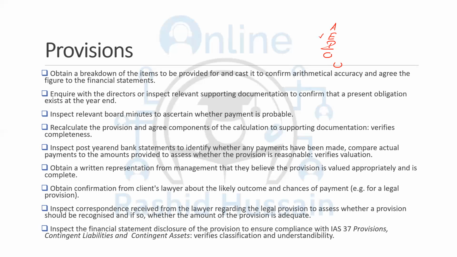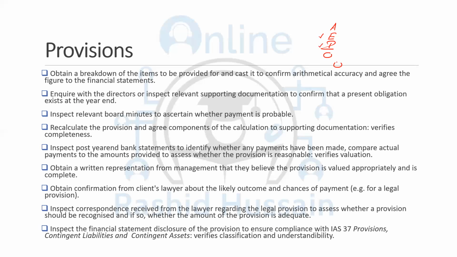So inquire, for example, with the relevant person, most of the times it is going to be the finance director, because obviously we are talking to the person who is dealing with the accounts, who is responsible for the financial statement, and that person is the financial controller or the finance director. And then the inspection, because most of the times you know the documents.